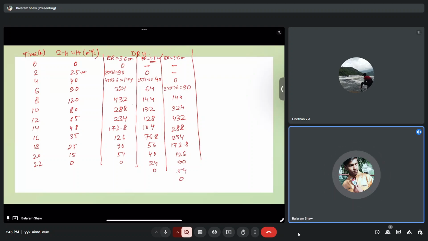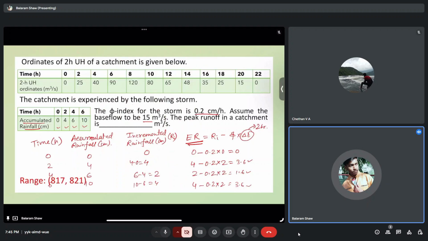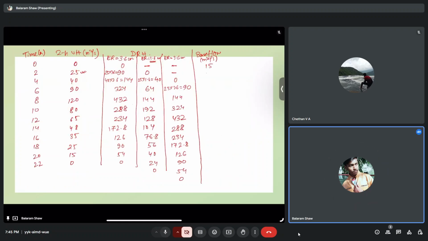Okay, now we have to get the total flow, right? So the base flow was given in the problem, it was 15 meter cube per second, so it will be 15 everywhere, right?